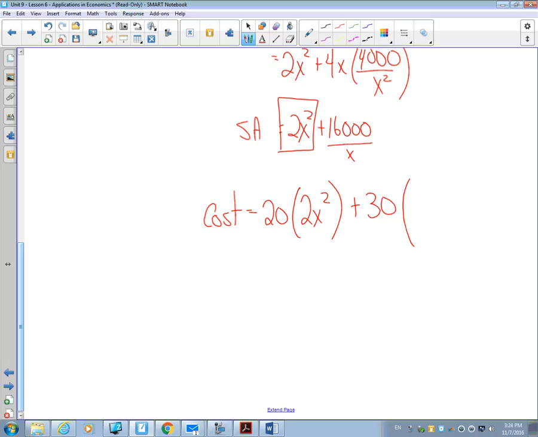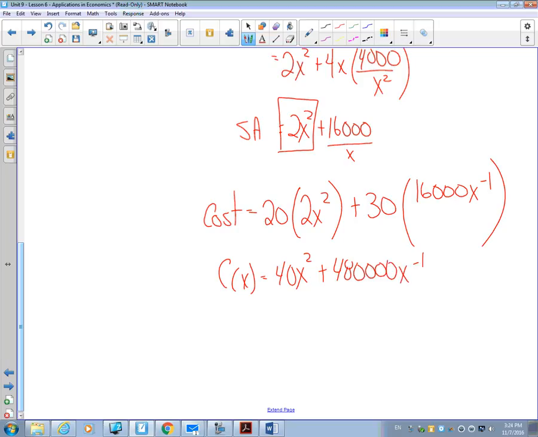Yeah, $30 for every piece of this. I'm going to bring the exponent up, okay, of that. So my cost equation is actually 40x squared plus 480,000 x to the negative 1. There's an expression for our cost.